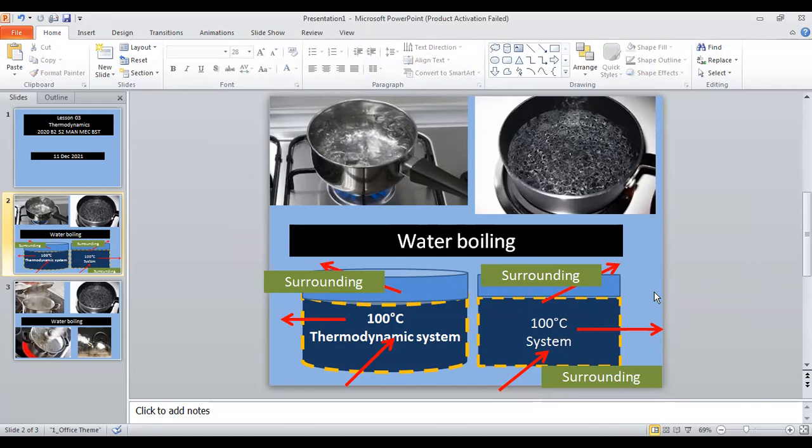Okay, everywhere outside the system is surrounding. So, with the system, the surrounding must come to your mind. Otherwise, it's an isolated system. So with the system, the surrounding is a must to come to your mind.